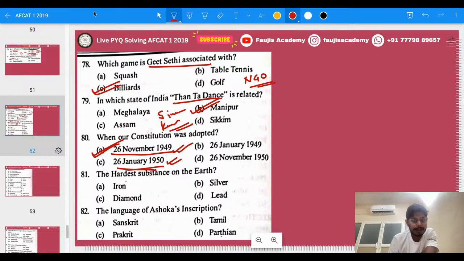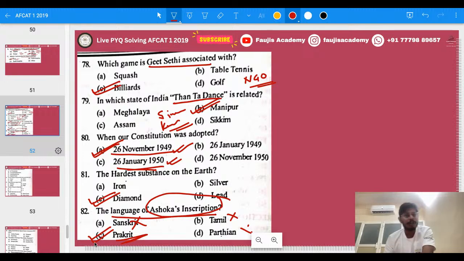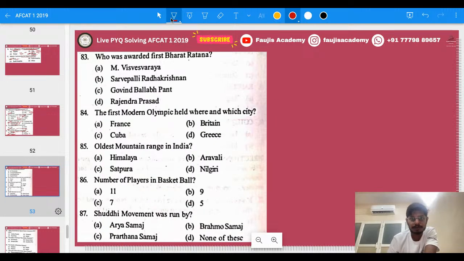Okay, 81. 81, guys, quick. 81, all of you know it. The hardest substance on earth is nothing other than diamond. The language which was written in Ashoka's inscription, the language over there was Prakrit, neither Sanskrit nor Tamil nor Pali.